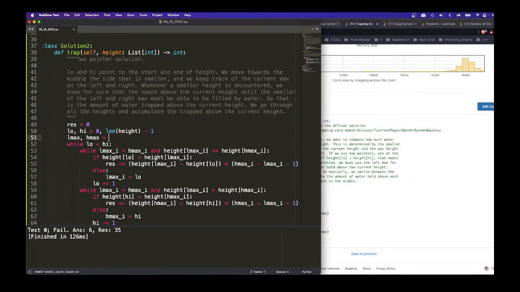So I can just say height is height low and height high. Okay.